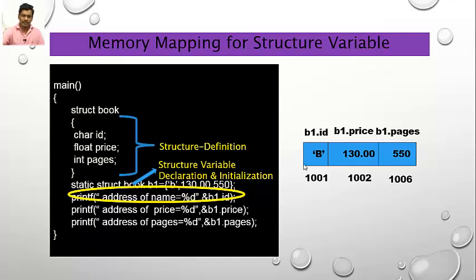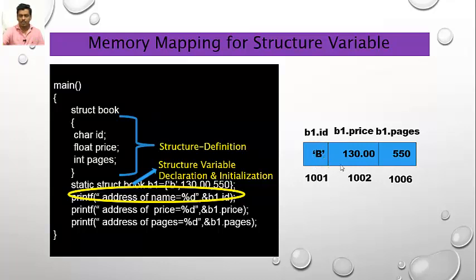The address of the structure variable starts with, for example, 1001. Just assume 1001 is the address of the first element. It is a character, so it occupies only 1 byte. The next location is b1.price. The address of b1.price is 1002 because only one byte is occupied by the character type.